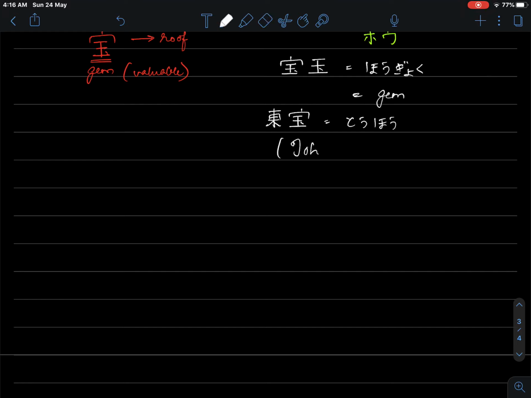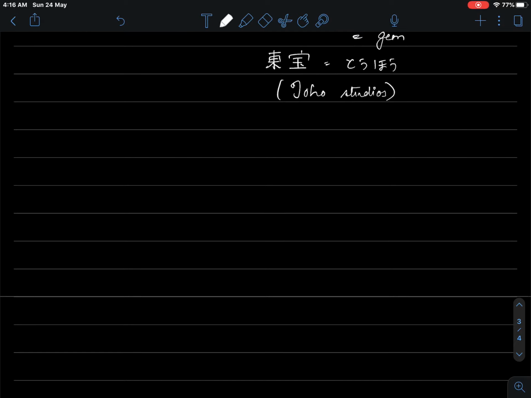So you're referring to Toho Studio. You may have seen a lot of movies with this banner coming up in one of the first few shots. I think some Akira Kurosawa movies have come up with this Toho Films or Toho Studios. So you may have seen this before. Of course, my handwriting is not as good as kanji appear in print, so there's that. In any case, let's move on to the next word.